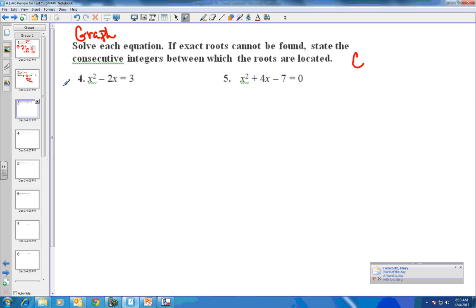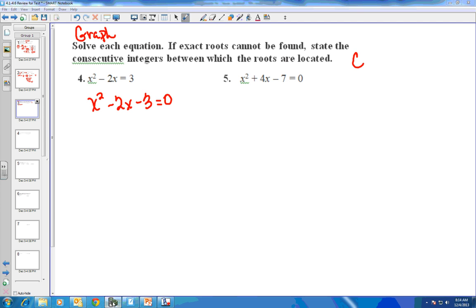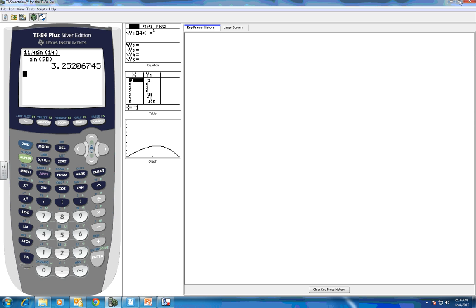Okay, before I plug number 4 in, you always have to set it equal to 0. So this is going to be x squared minus 2x minus 3 equals 0. All right, so we're going to type that into my y equals. Let's see if I can get a smaller screen.